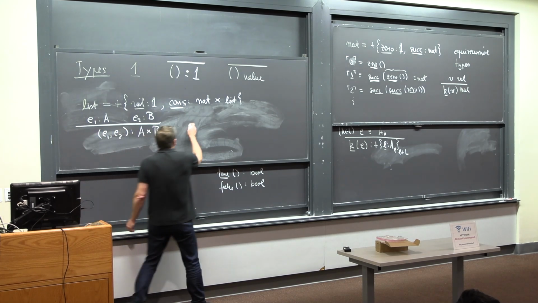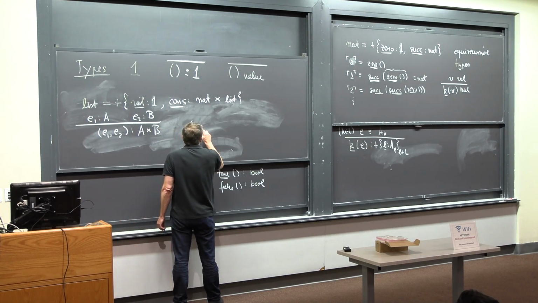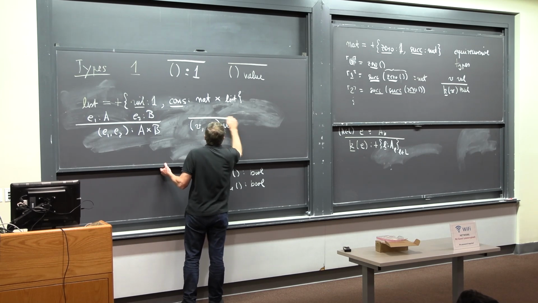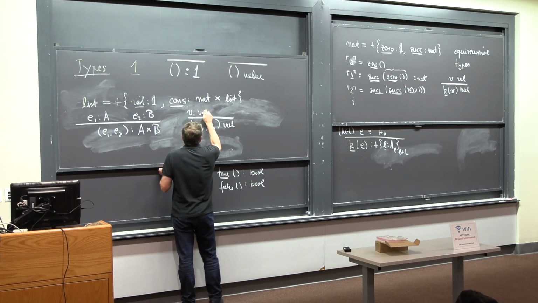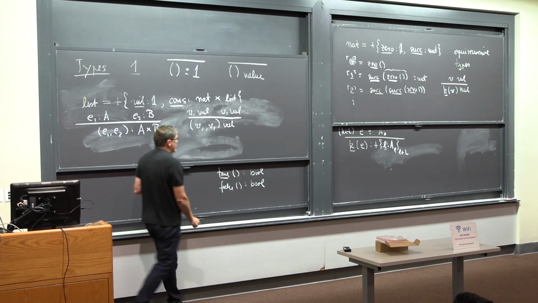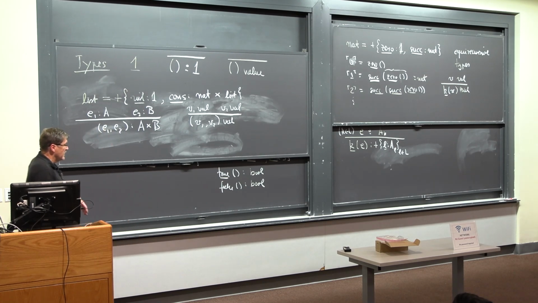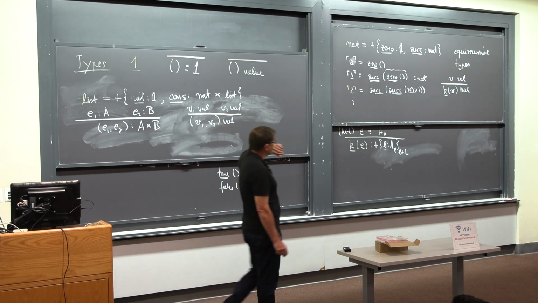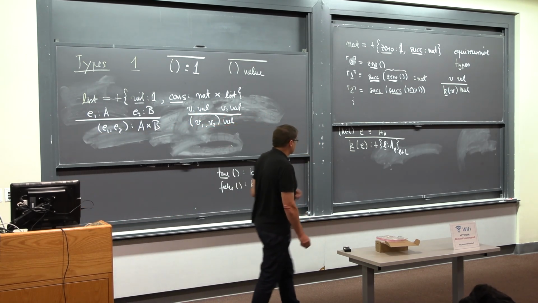And a pair v1, v2 is a value if v1 is a value and v2 is a value. Right now we only have these three type constructors, plus a way of defining things at the top level, like these recursive types.